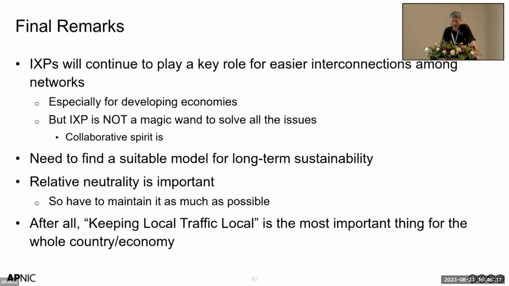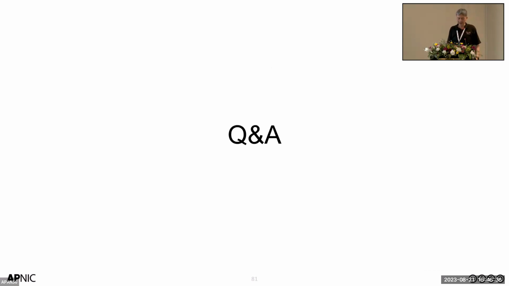And I want to highlight that neutrality would be very important for a non-profit setup, so you need to maintain it as much as possible. And I think the key goal is to keep local traffic local, and it will help internet development in your country and economy. That's it. Yeah, I have actually talked a lot.